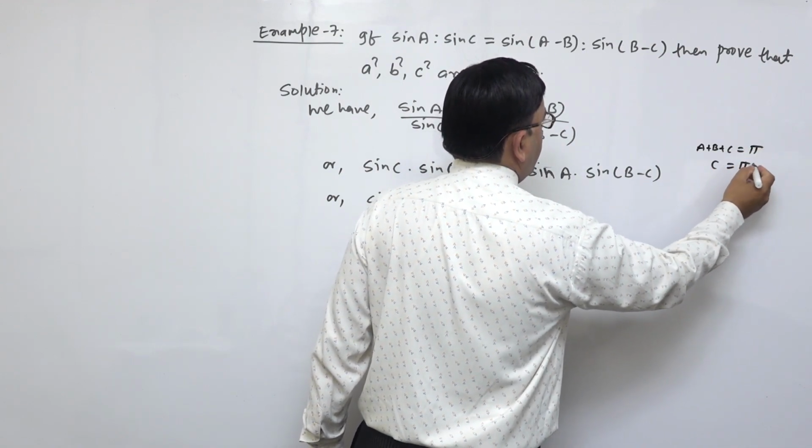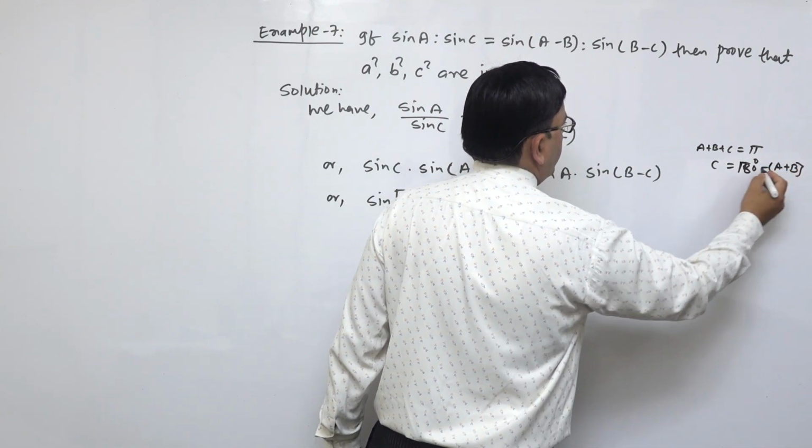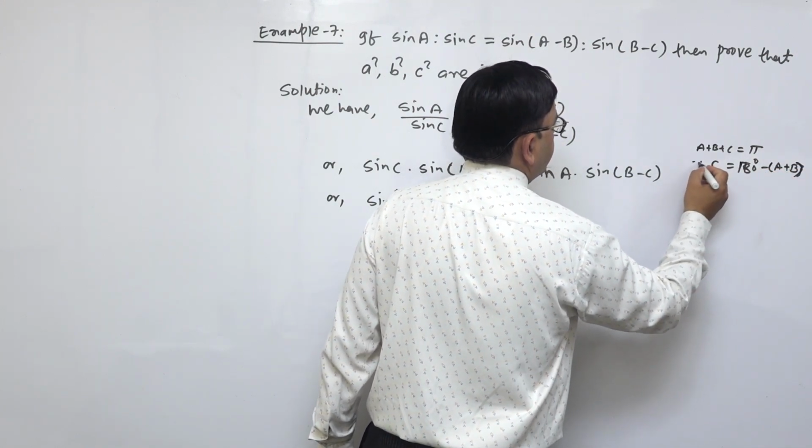So C is equal to pi or 180 degree minus (A plus B). So we are using the same here.